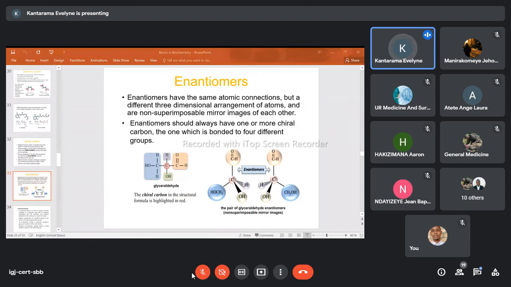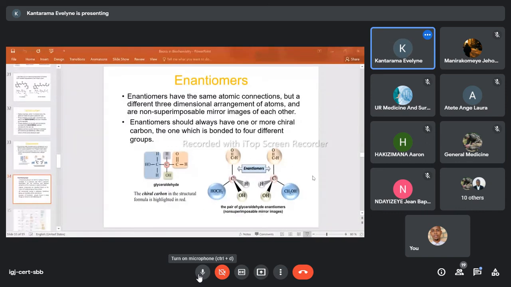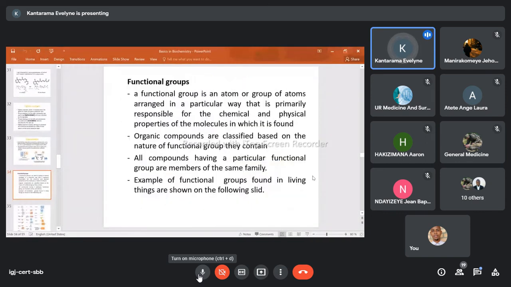A functional group is an atom or group of atoms arranged in a particular way that is primarily, excuse me. Oh, sorry, I forgot. Now you can see the slide.